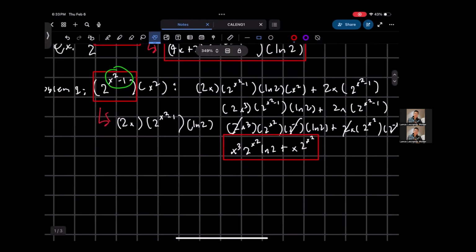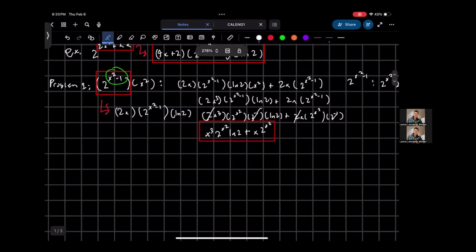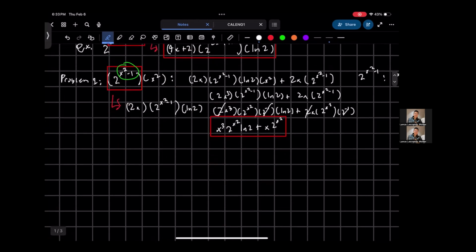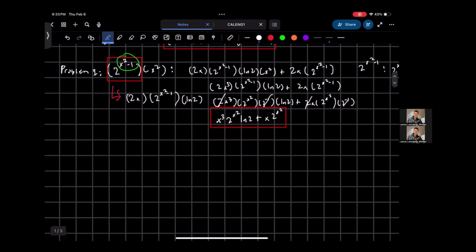Okay, if you're confused, just feel free to go back to the examples. So the next exponential function, what if it's just y is equal to e raised to x? So, y is equal to e raised to f of x.